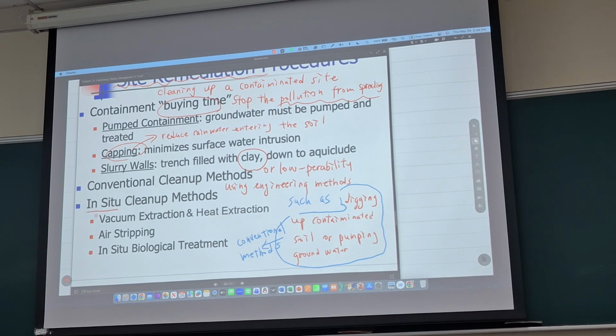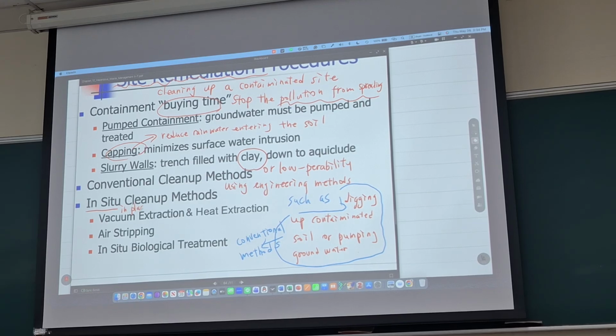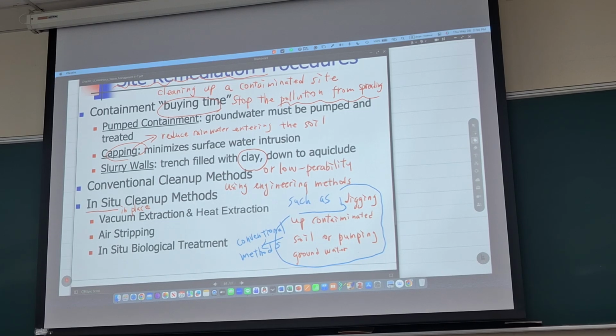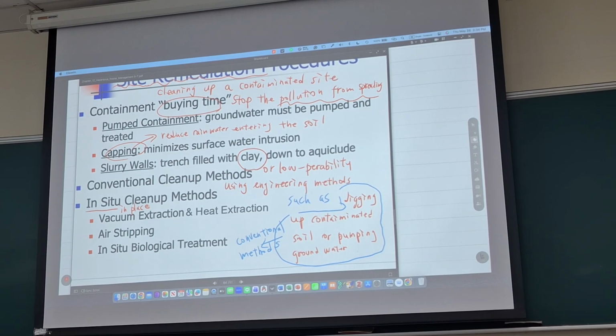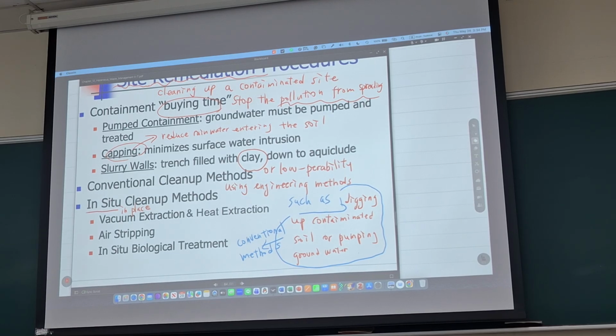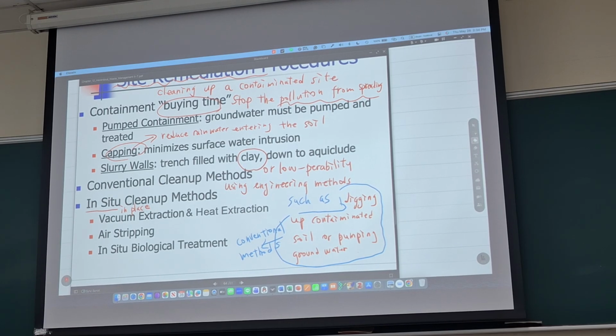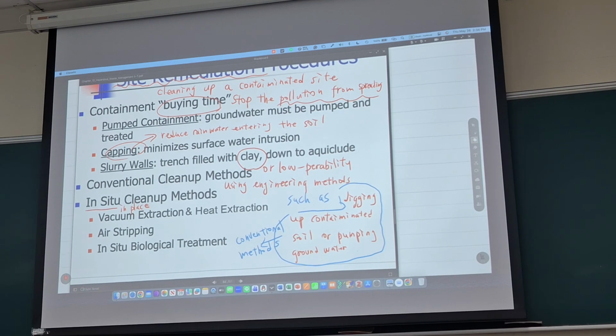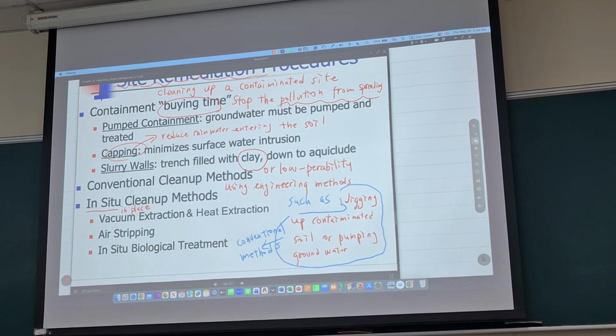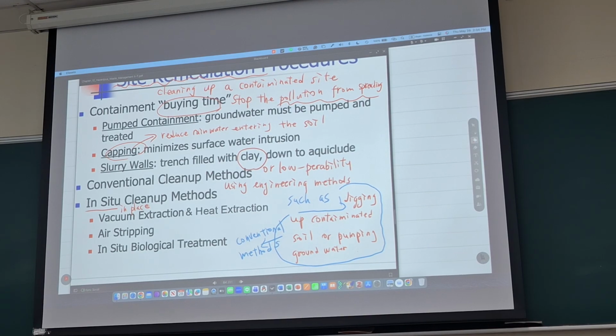In situ means in place. In situ means treating the pollution in place, without removing any soil, without removing anything. So in situ cleaning methods mean we can use vacuum extraction, heat extraction, air stripping, or some kind of biological treatment.